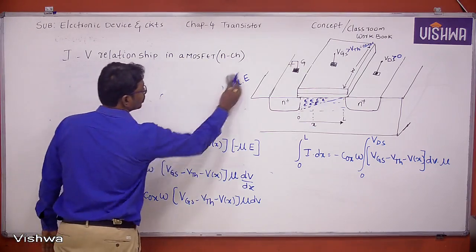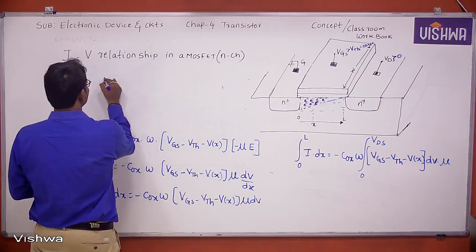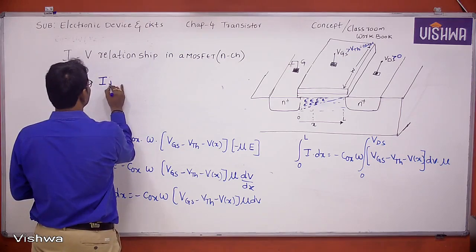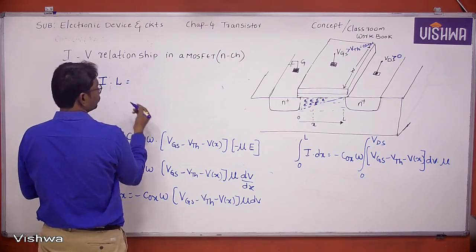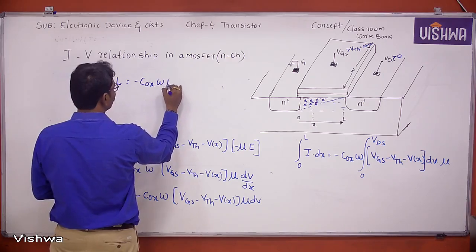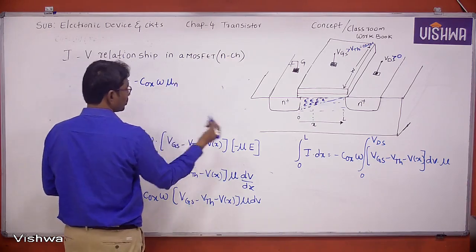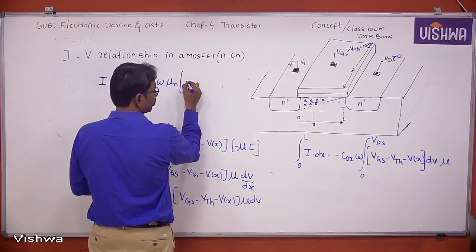Continuing, the integration of I into dx is simply I into L. Now COX into W into mu n, because here the carriers are electrons.